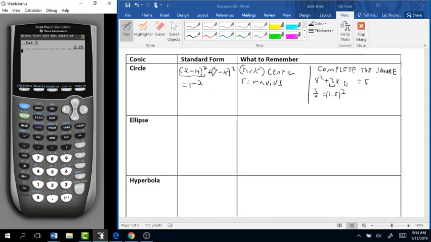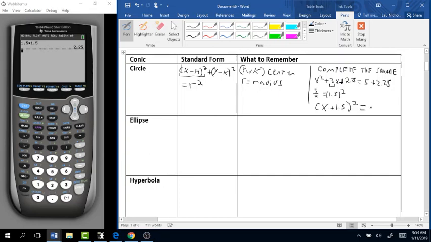So that would be x² + 3x + 2.25 = 5 + 2.25. When you complete the square here, this would factor into (x + 1.5)² = 7.25. That's just an example of completing the square, which is a tool that you'll need to convert from the general form of a circle to the standard form of a circle.